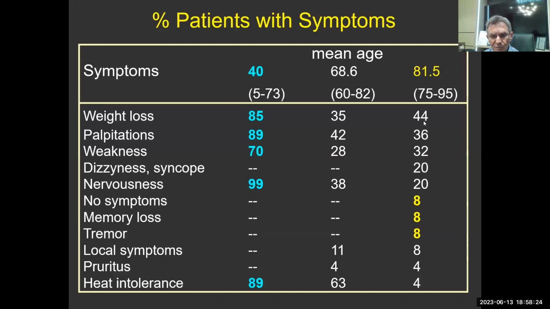Whereas elderly people in their 80s tend to have a more apathetic form of thyrotoxicosis. Again, they can have unexplained weight loss, palpitations because of fibrillation, marked weakness, they can't cope, they can't get out of bed, and dizziness. But not to forget, they can have memory loss and tremors in elderly people, and they're often misdiagnosed as having neurological conditions, and then they can have local symptoms.